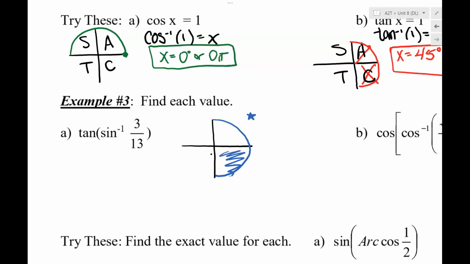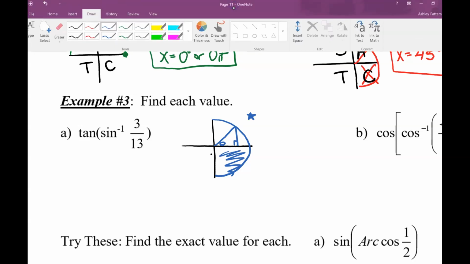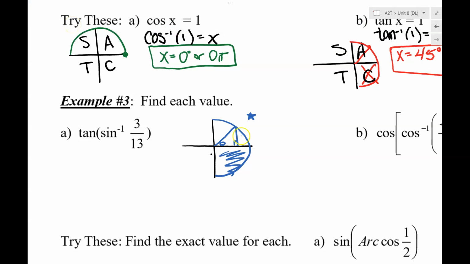Okay, so then I'm going to draw a triangle as if I existed in the first quadrant. Notice my reference angle is at the origin. Sine is the opposite over the hypotenuse. So then I need to figure out, well, what is that x value, right? We drew a right triangle in the first quadrant.